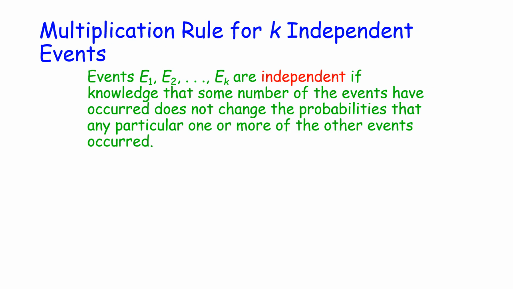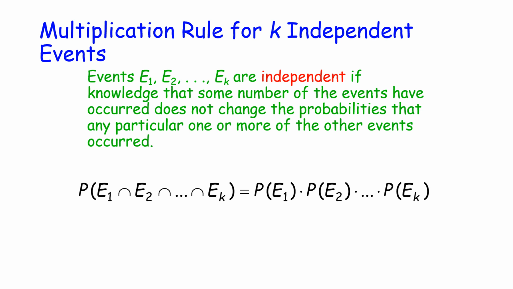The multiplication rule for k independent events. Let's say that we have multiple events, E sub 1, E sub 2, all the way to E sub k, and they're all independent. Now, if the knowledge that some number of the events have occurred doesn't change the probabilities that any particular one or more of the other events occurred, we can do this.